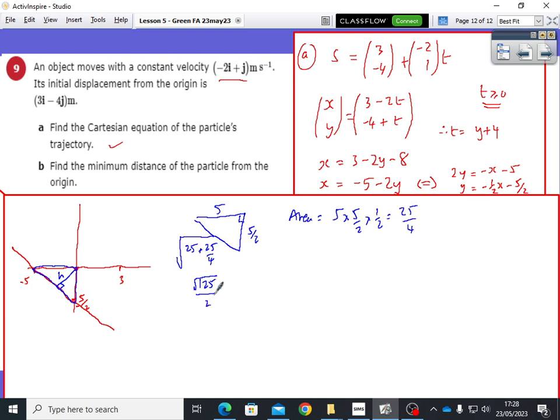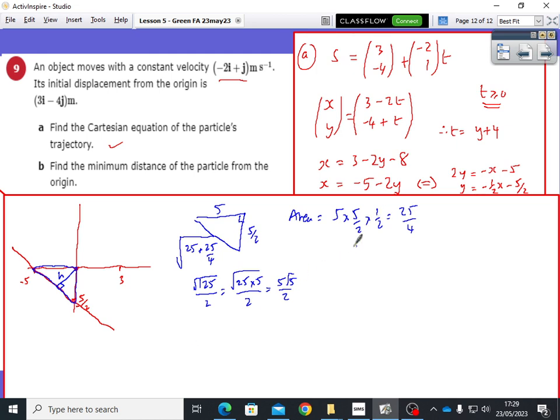If I square root that, I can get 5 root 5 over 2. Now that's going to be the hypotenuse.